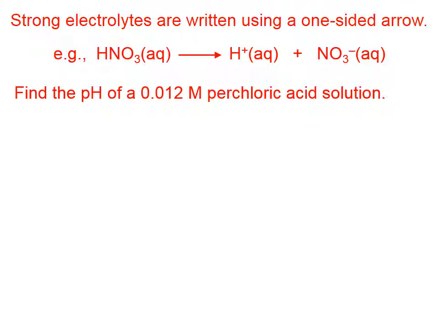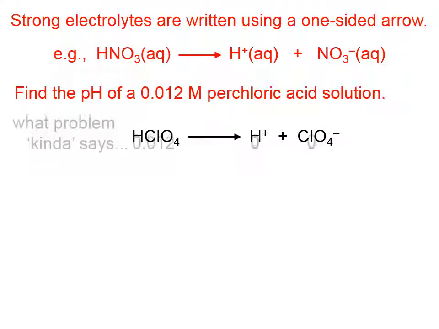So let's try a problem by finding the pH of a 0.012 molar perchloric acid solution. So first of all, we need to know that perchloric acid is HClO4, and it ionizes 100% as follows. Now, to solve this problem, we don't actually have to write that down, but you at least have to think it.